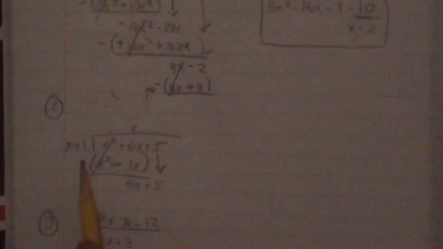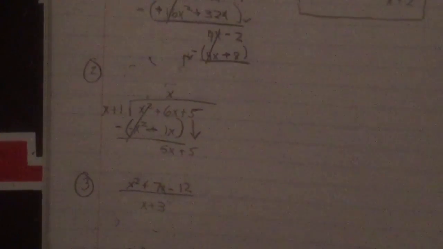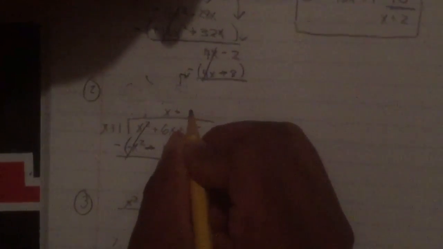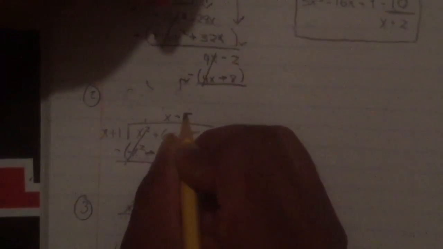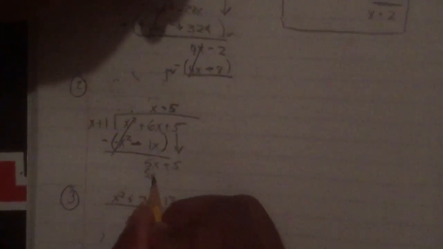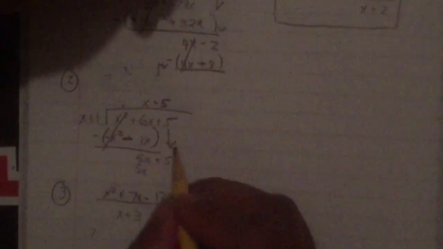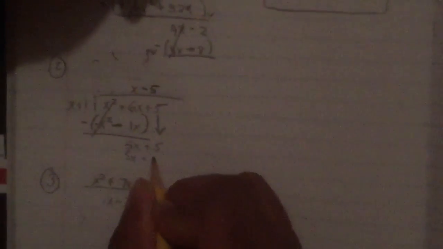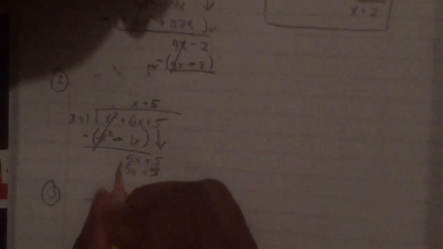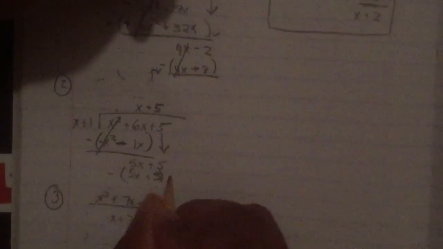Same thing. How many times can x go into 5x? 5. So x times 5 equals 5x. 1 times 5 equals 5. Parentheses.